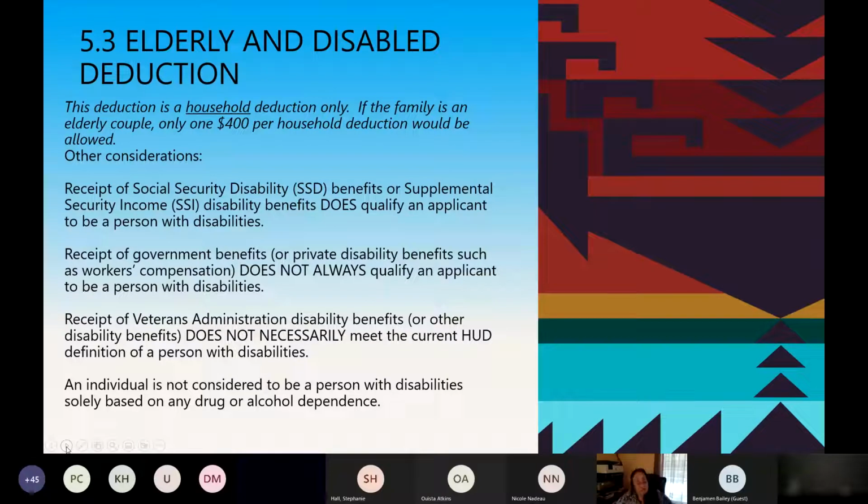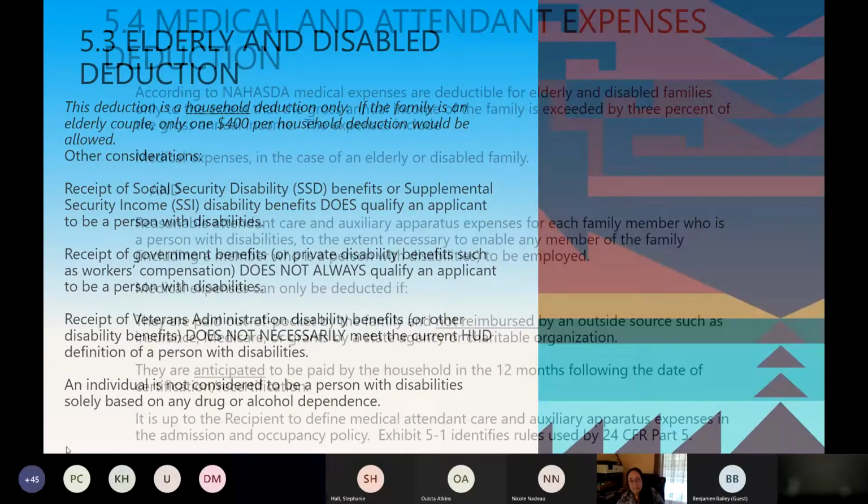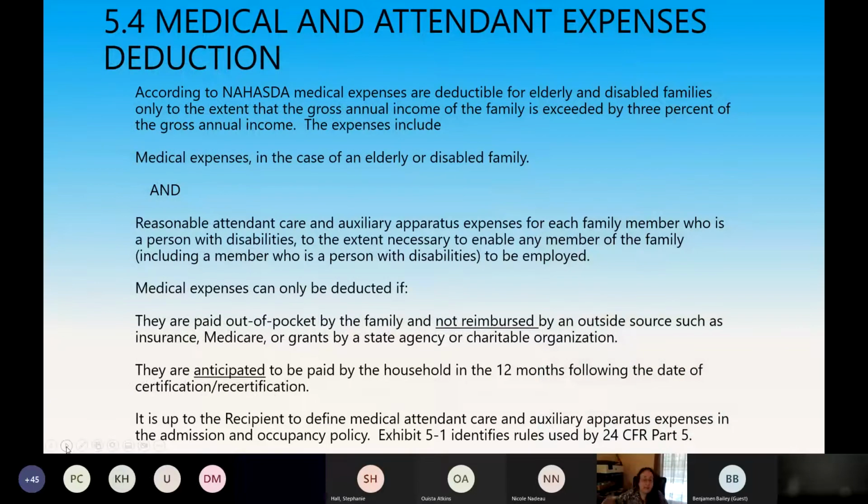Receipt of Veterans Administration disability benefits or other disability benefits does not necessarily meet the current definition of a person with disabilities. An individual is not considered to be a person with disabilities, again, solely based on any drug or alcohol dependencies. Your medical and attendant expense deductions: according to NAHASDA, medical expenses are deductible for elderly and disabled families only to the extent that they exceed 3% of the gross annual income of the family.